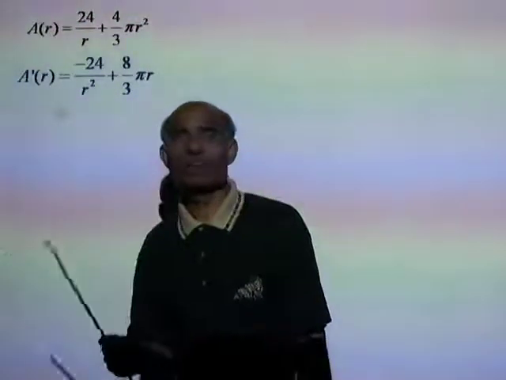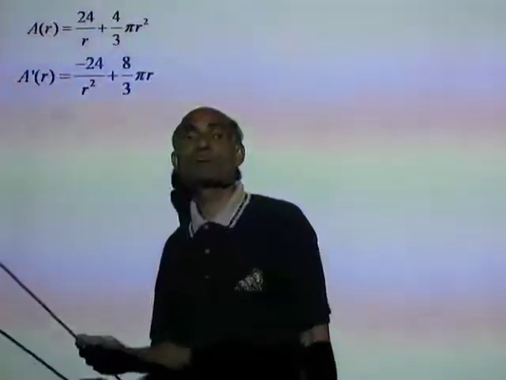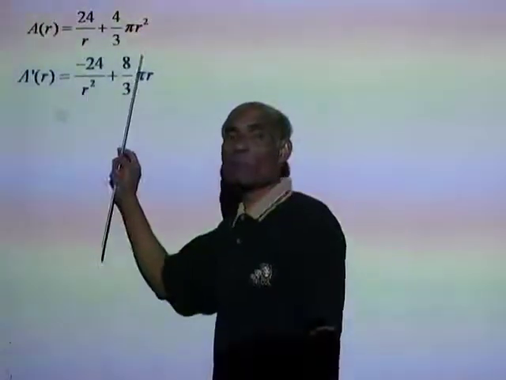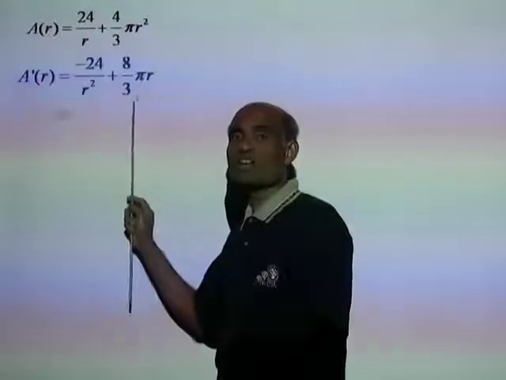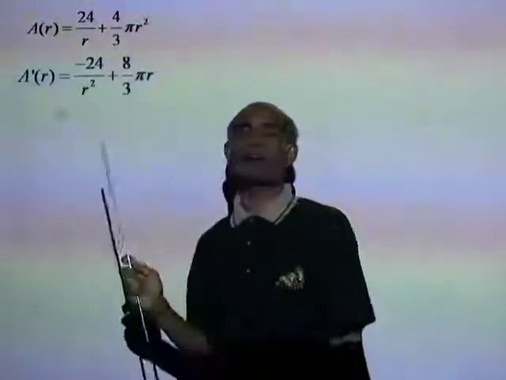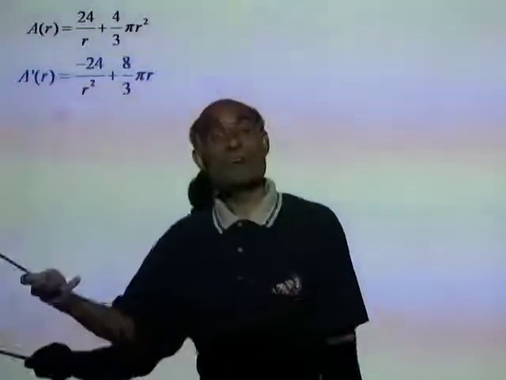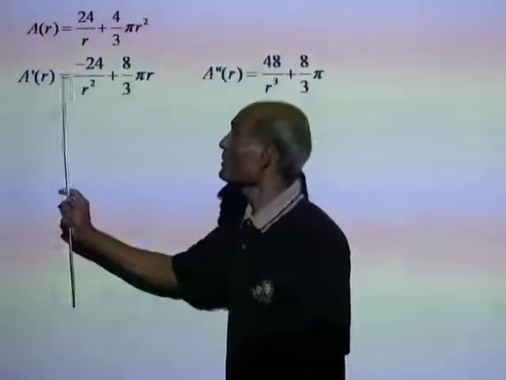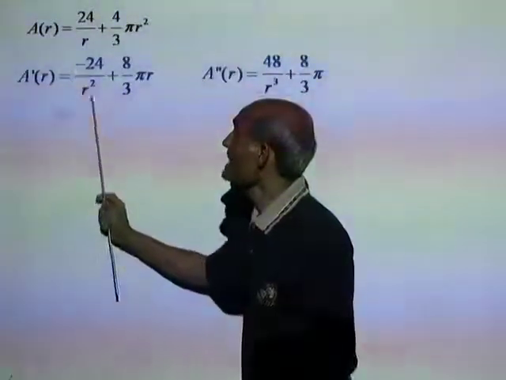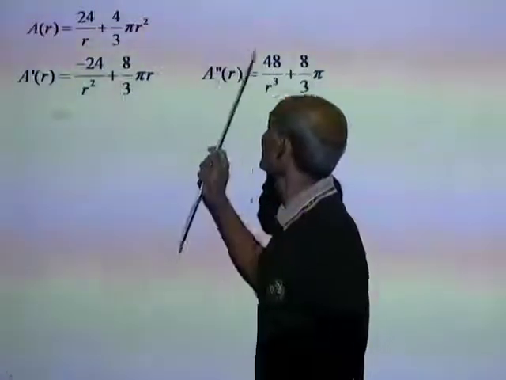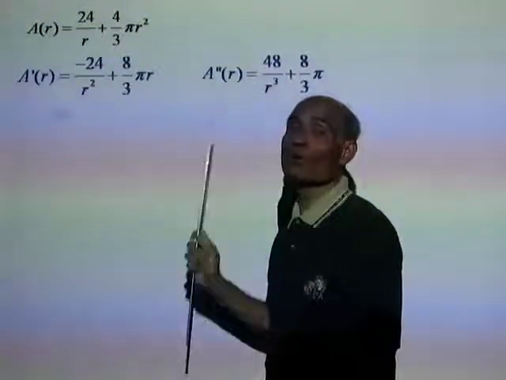All right, write it down and see whether you can come up with a derivative value for that. What is the derivative of 8/3 pi times r? That will be 8/3 pi. So, the derivative of negative 24 over r squared is 48 over r cubed.